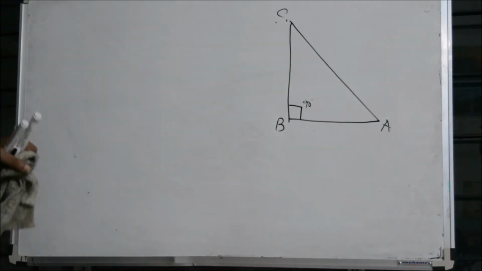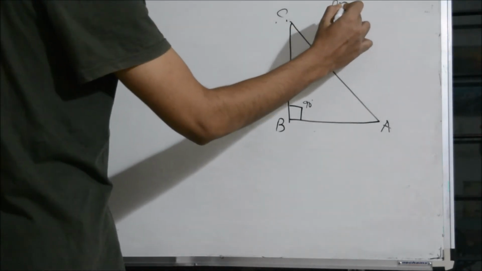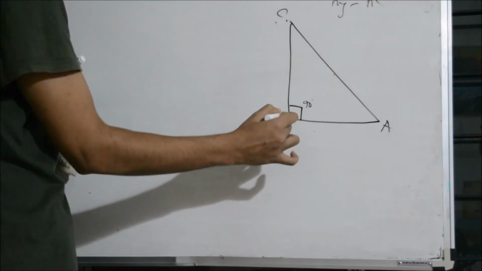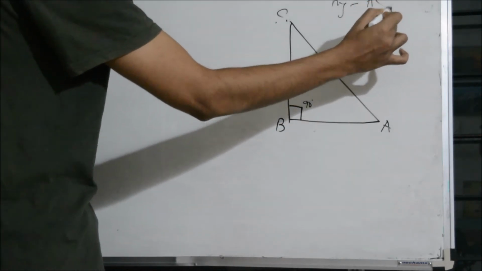Now here we have our hypotenuse, that is AC. The side opposite to the 90 degree is the hypotenuse.